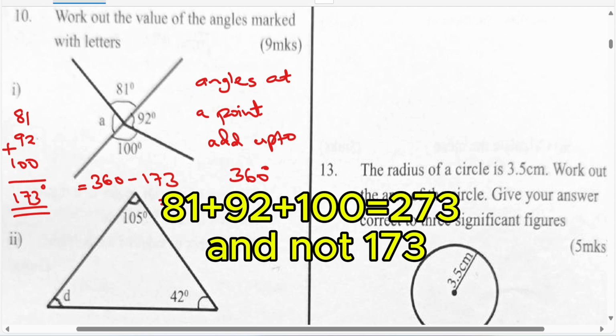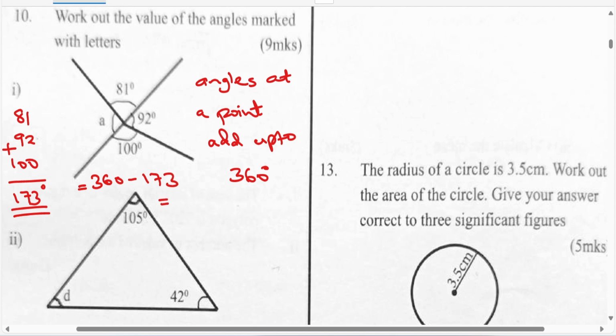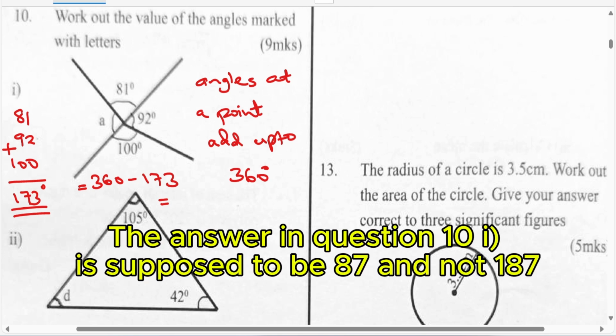Basically, what will be your answer? 360 minus 173 gives you 187. So basically, that's A is 187. So hii ni 187 degrees.